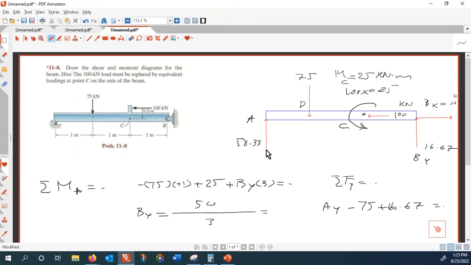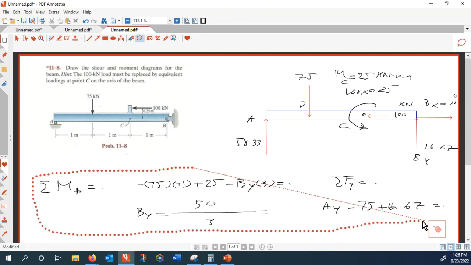Is that what we said? Yeah. All right. So now I don't need the detail of the calculation. Let's just keep the magnitude of the reactions.